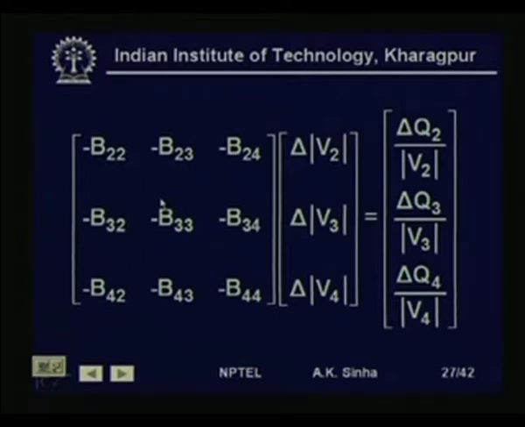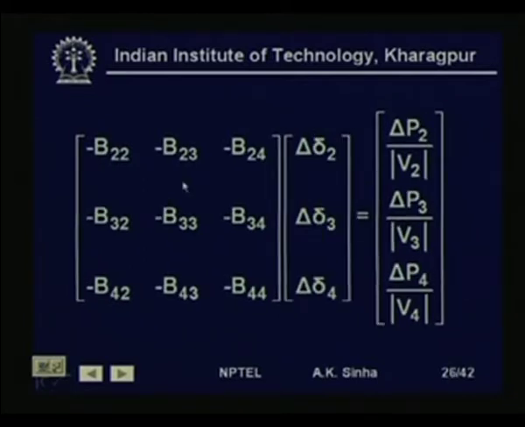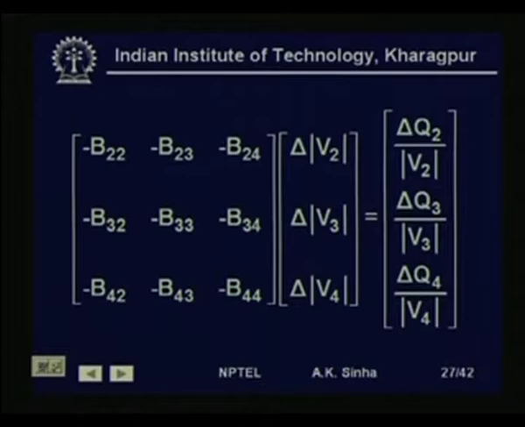Now, what we are seeing from these two sets of equations is that the Jacobian matrix here is only the susceptance elements and therefore, these are constants. They are not dependent on the state variables and therefore, these remain constant throughout the different iterations. So, they do not change with the iterations.